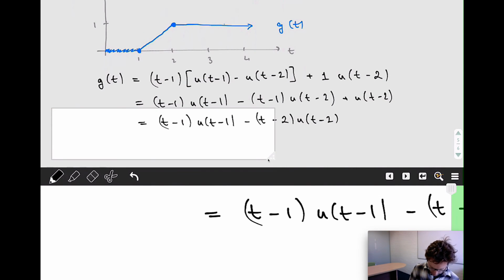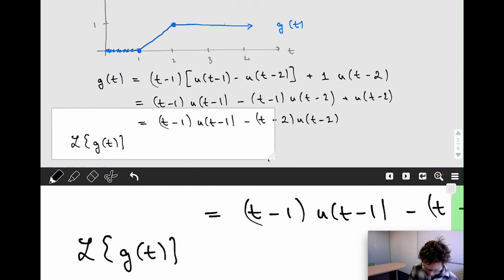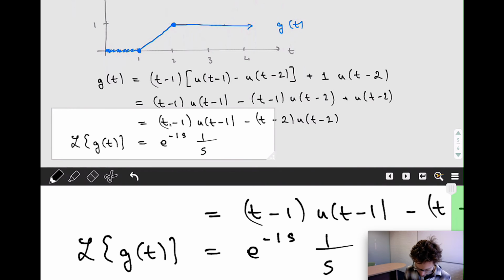The second shifting theorem is a straightforward application of the idea that every time I have a function that's written as a shift and a cut, I simply get e to the minus the shift times s, multiplied by the Laplace transform of the unshifted, uncut function. So we remove the Heaviside and remove the shift, and we're left with just little old lonely t. So the Laplace transform of t is 1 over s squared.